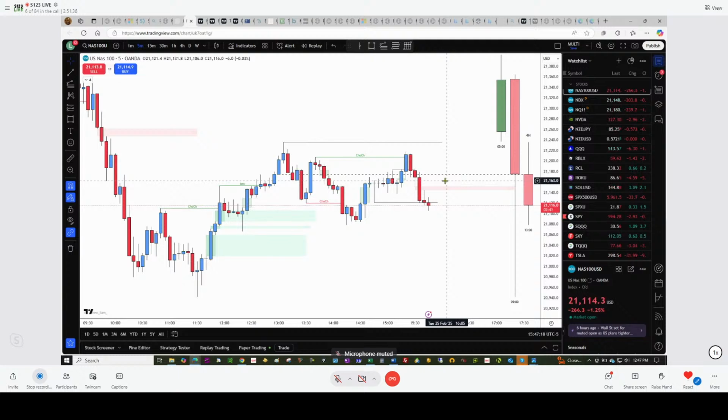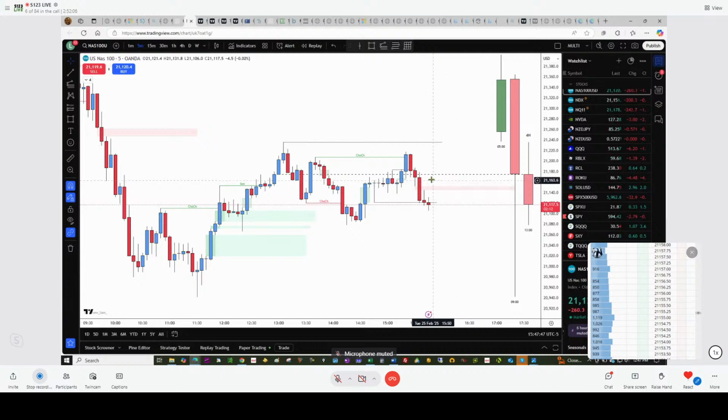When I look at my active trader chart, I see a lot of volume below. Let's see if I just snap out of that to see. I put my active trader chart in the room for right now, and you see the numbers on the left side in the blue.